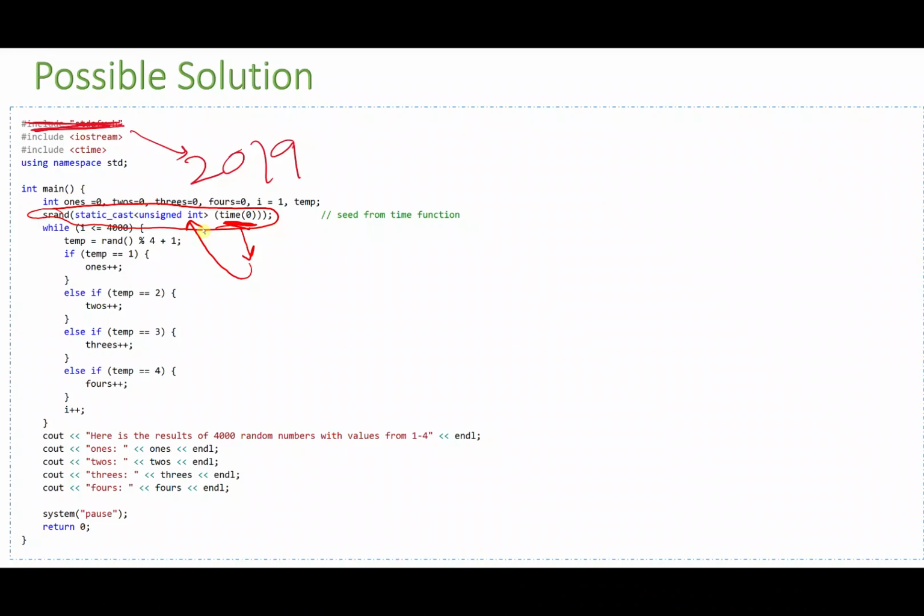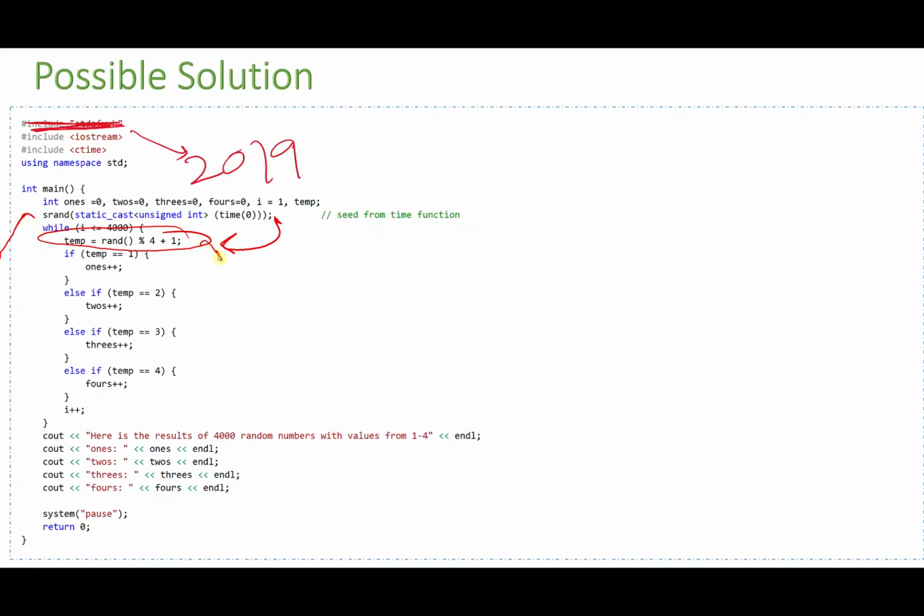This is going to give you a different starting value every time you run your code. And remember, do not have this in your while loop. Outside the while loop, you do it only at the top of your main.